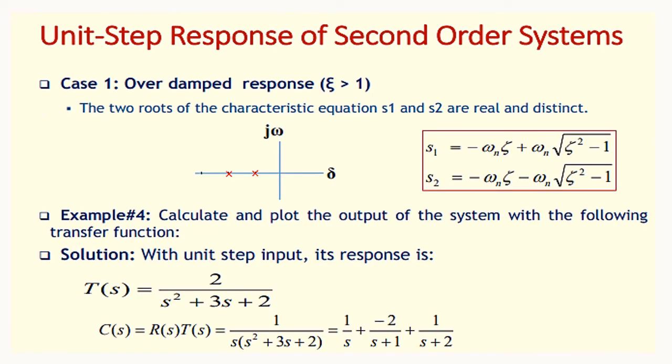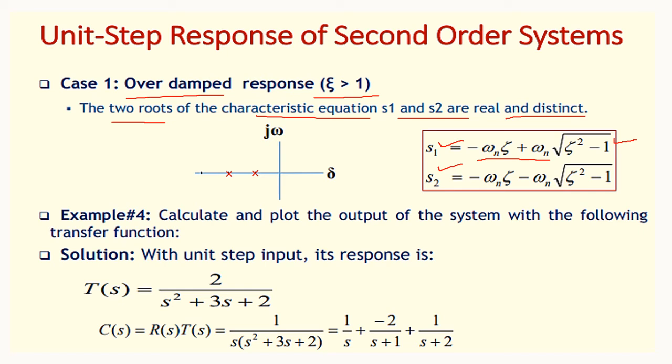So, unit step response of second order system when zeta is greater than 1, that means overdamped. If it is overdamped, then the two roots of the characteristic equation, S1 and S2, are real and distinct. Since the order is 2, I will have two roots S1 and S2, and the formula that we just saw was minus omega n zeta plus omega n square root of zeta square minus 1.